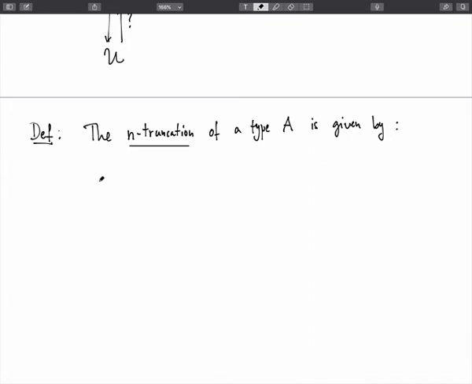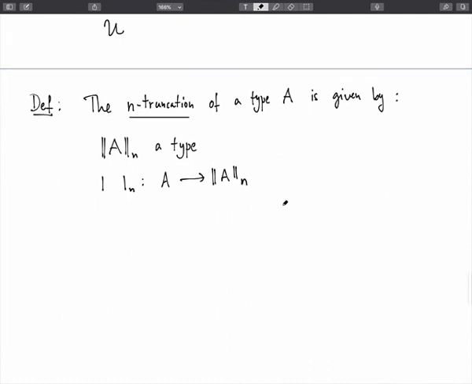It's given by, first of all, a new type, which we write like this, which is a type. And then there is a map, which we write like this, which goes from A to the n-truncation.